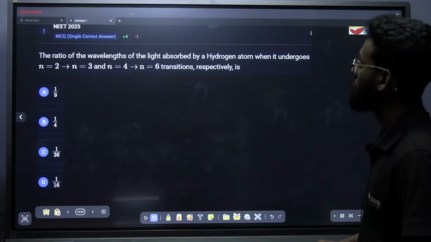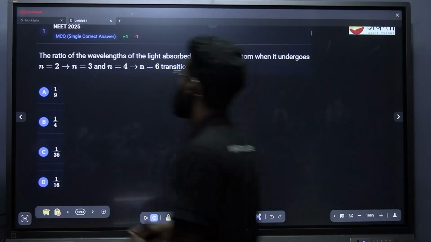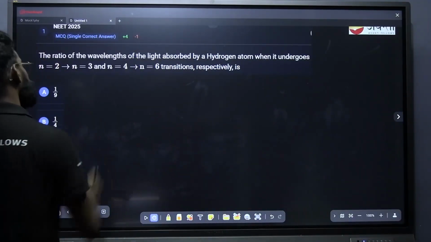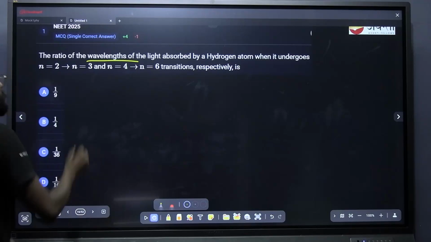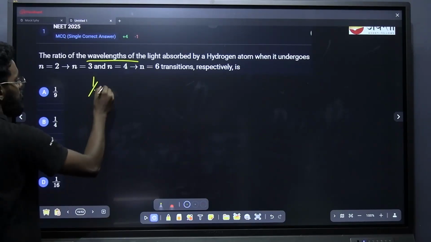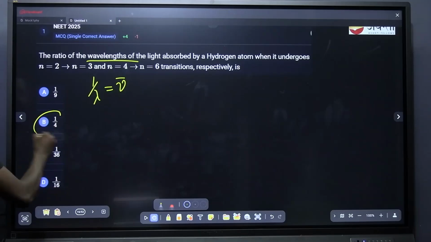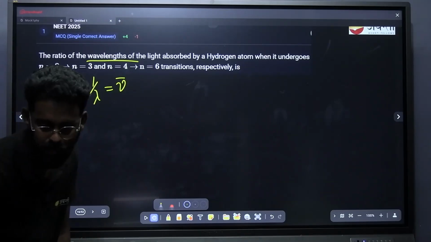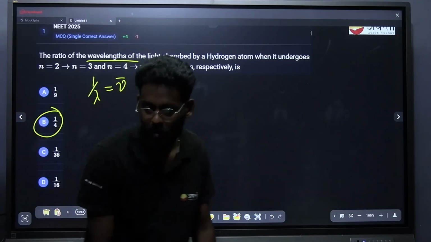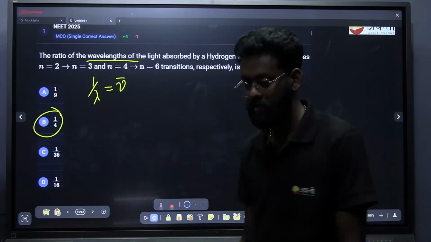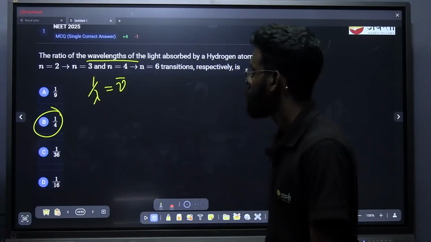We already have discussed this equation. It undergoes from n is equal to 2 to n is equal to. Okay, what is asked in the question? Wavelength is asked. What is the equation you have to use for calculating wavelength? 1 by lambda. Or 1 by 4. 1 by 4. Yeah, I got an answer. Who has given the answer? Prathamesh, right? Okay. What's your answer? 1 by 4.